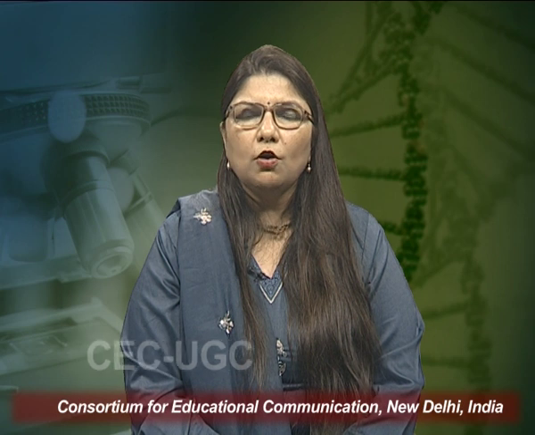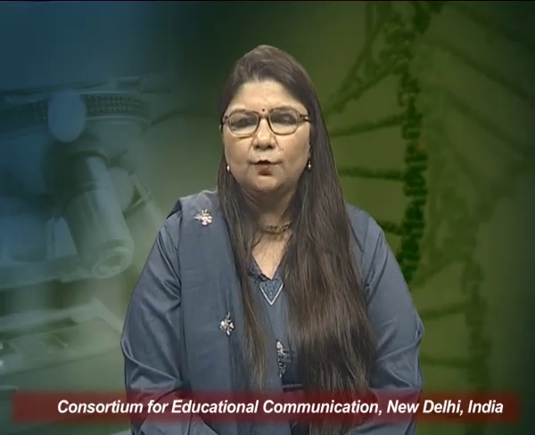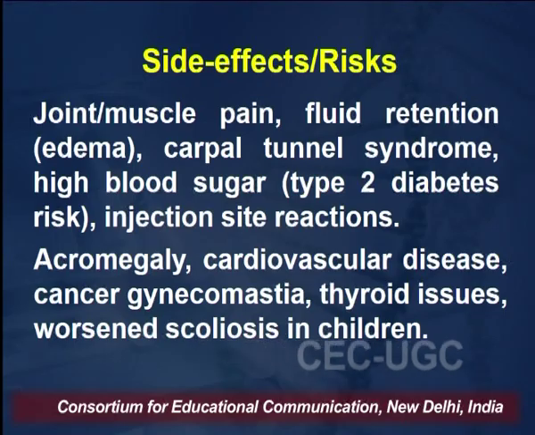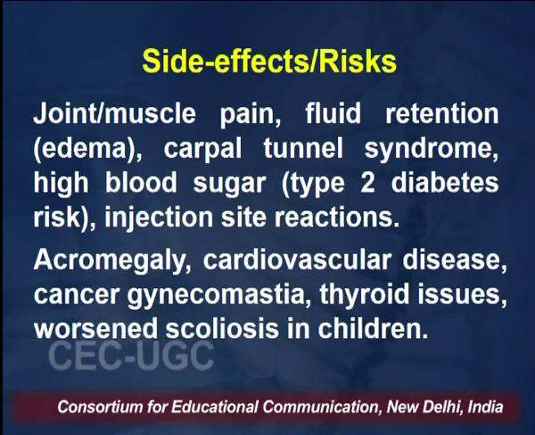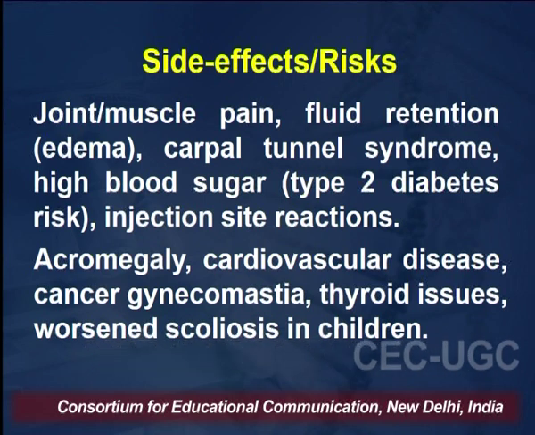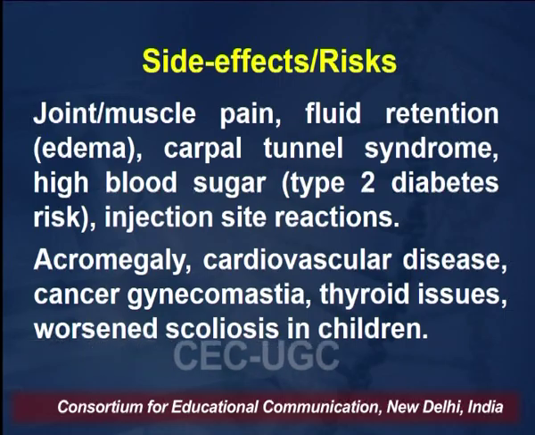Now, when human growth hormone is injected into individuals, there are many side effects or risks associated with it, such as joint and muscle pain, fluid retention, and carpal tunnel syndrome, where the nerve associated with the carpals gets suppressed and therefore there is a lot of pain and tingling in the carpals, in the arms, in the hands. There is also high blood sugar leading to type 2 diabetes risk, and injection site reactions.